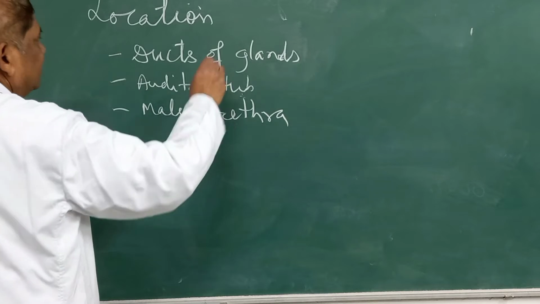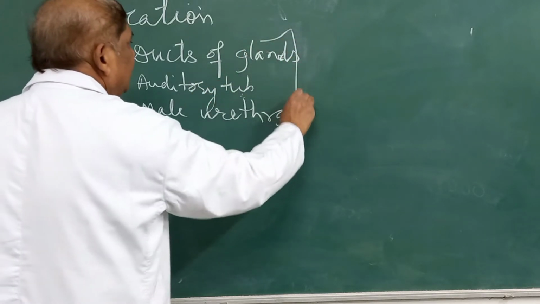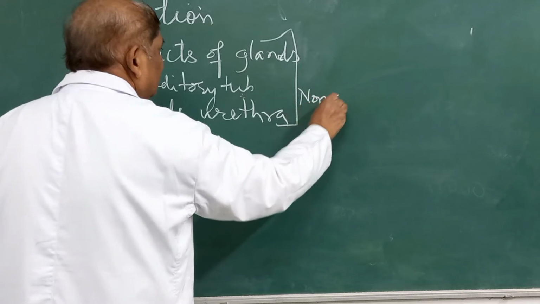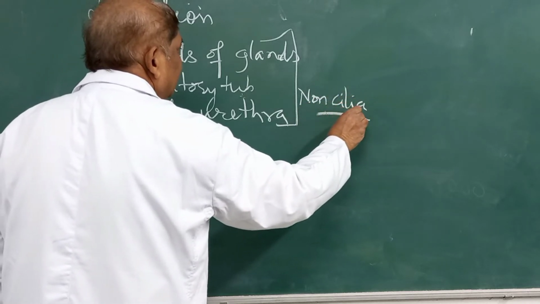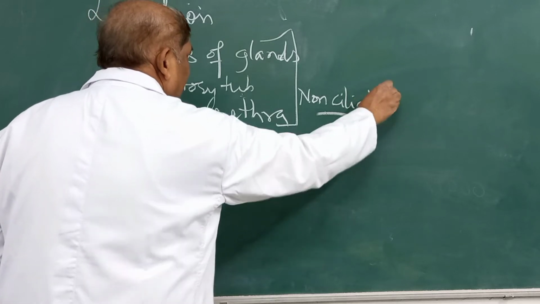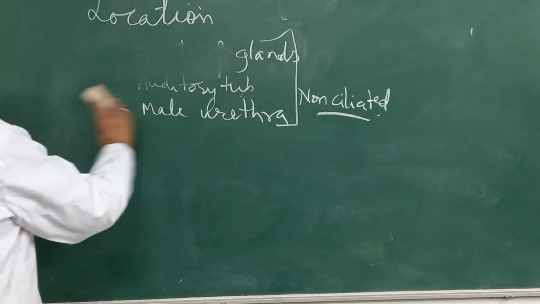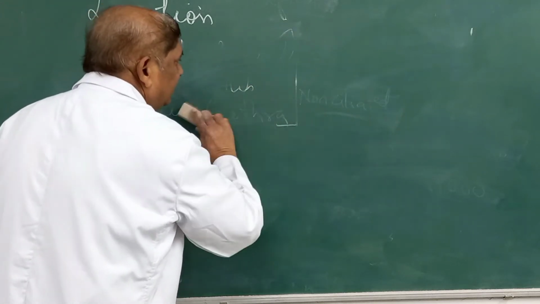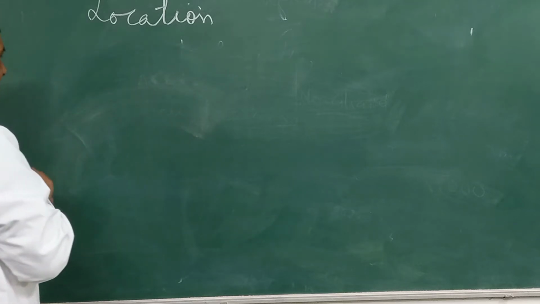These are the locations where this epithelium is non-ciliated. That means there are no cilia from its free surface. It is non-ciliated. But there is another location of this pseudostratified epithelium, besides this non-ciliated part.